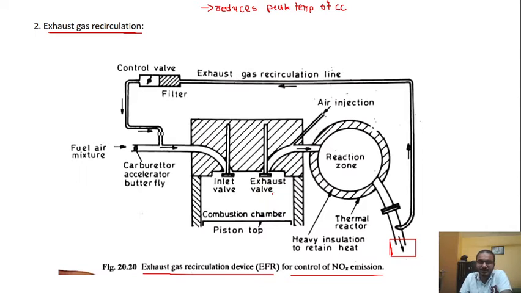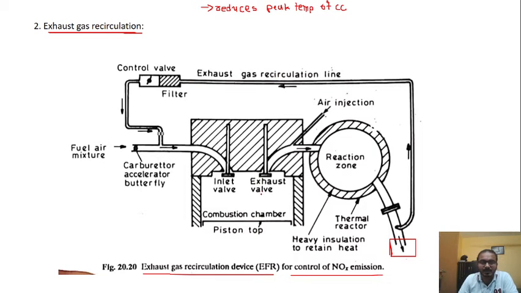And this arrangement is designed in such a way that it is shut off during idle condition to prevent rough operation of the engine, as well as during high speed or full throttle acceleration, where the power requirement is maximum. So in two cases this recirculation is shut off.